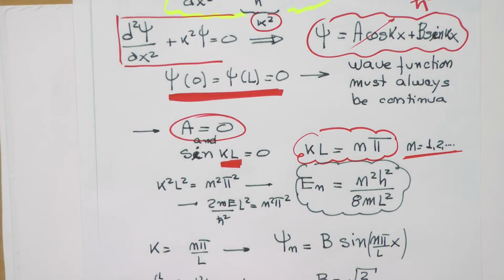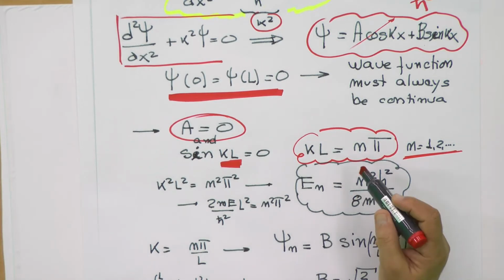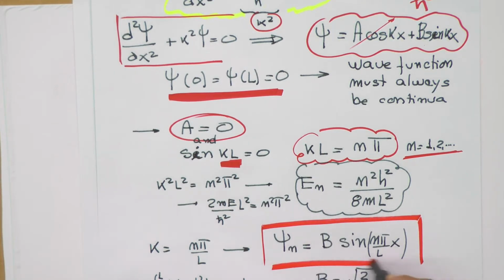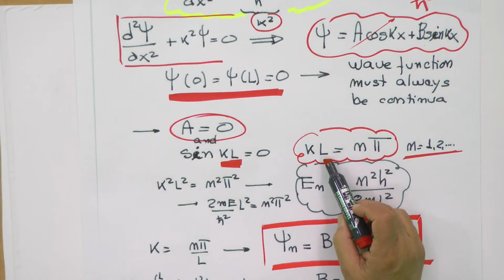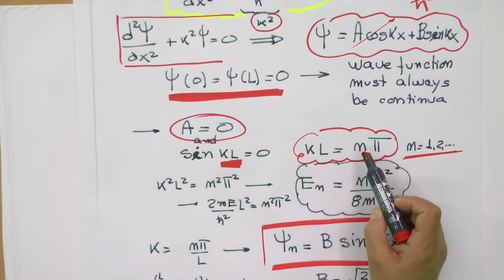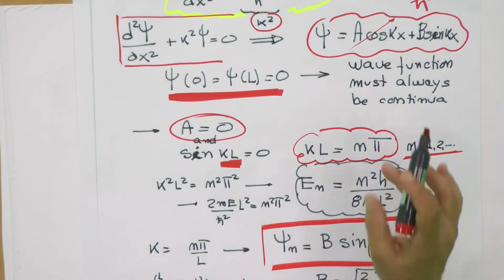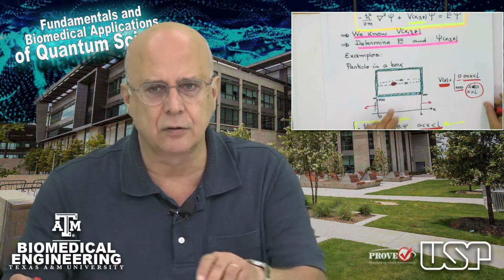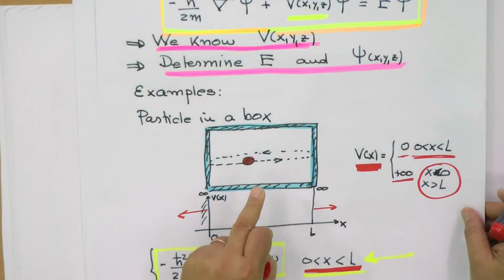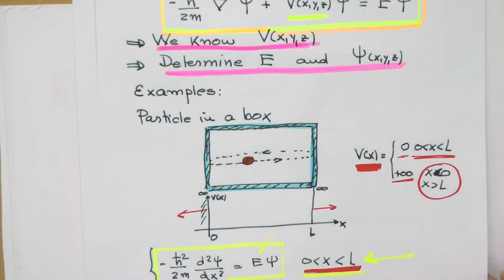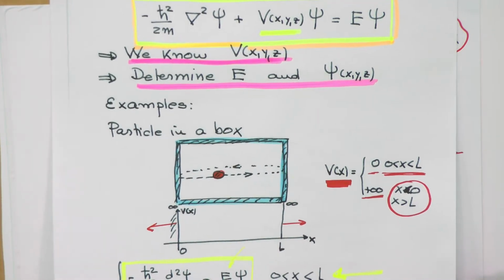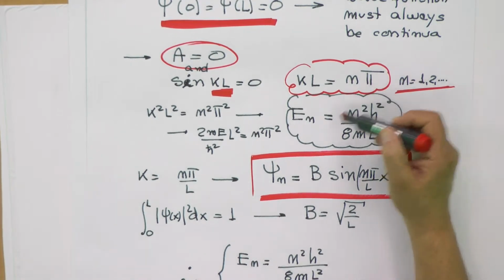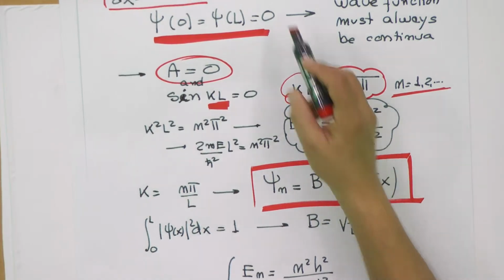So you see, I found a solution, b times sine, for the wave, but k must be such that kL is equal to n pi. This physical system that I just showed you, following the Schrödinger equation, allows only a few possible values for the energy, because only a few possible values of k.